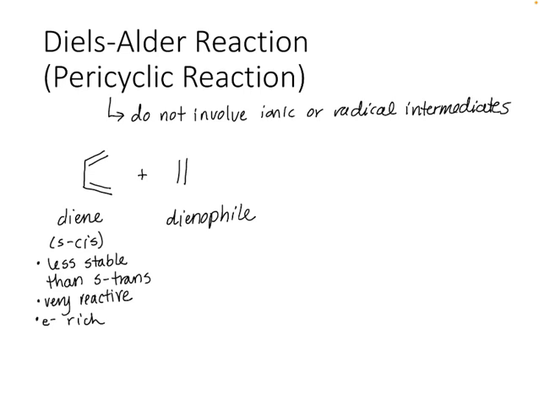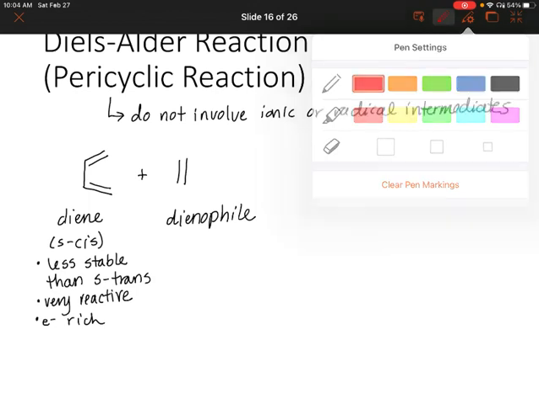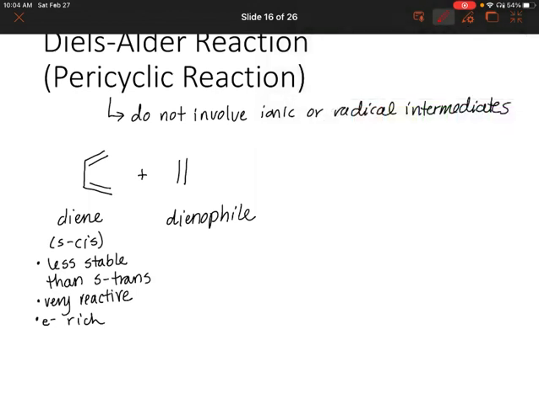So we should probably add something that will make it electron poor so that it reacts more efficiently with the diene. Now, this reaction does still occur even without adding stuff onto the dienophile, but the percent yield is really low. It's about 20%.